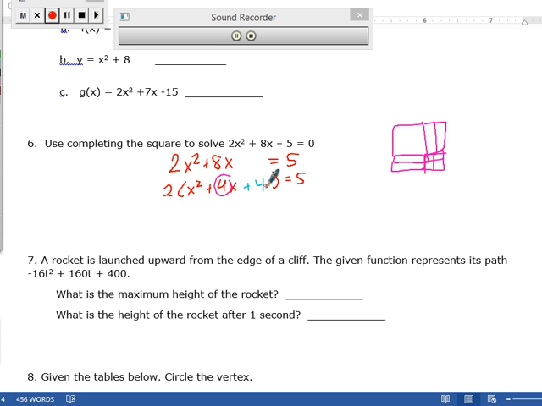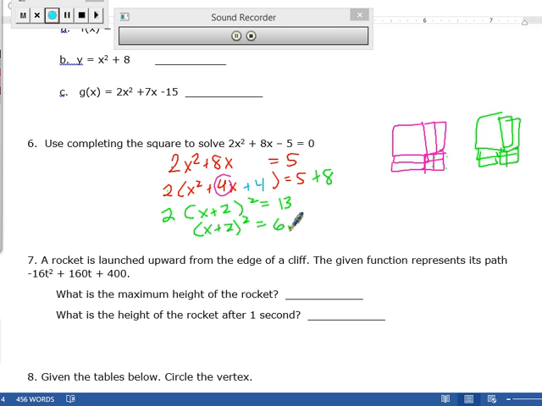Next, this 2 actually means that I have 2 of these little square pictures. So how many little guys did I actually add? 8. 2 times 4 makes the 8. And I factor. 13. I divide by 2. Then I square root.